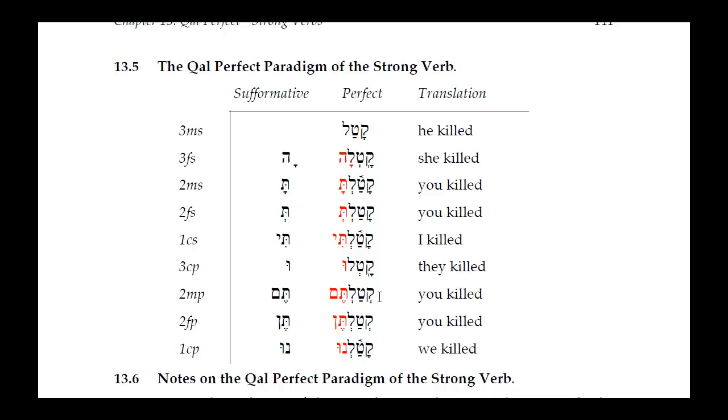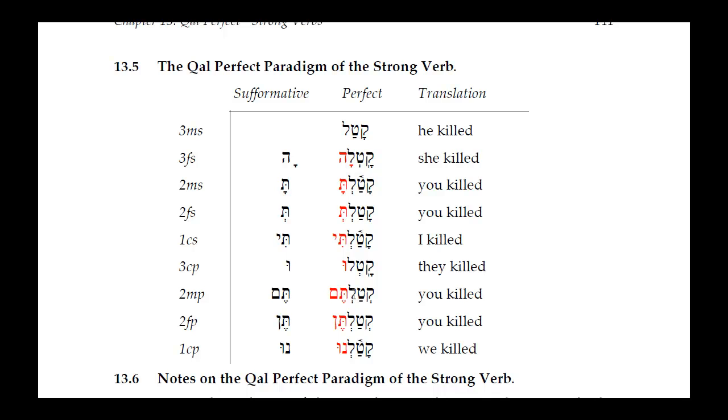And the same thing here. We have qataltem, for you all killed, masculine, and qataltén, for you all killed, feminine. So this is telling us that the subjects would be feminine in this one, and that the subjects in qataltem are masculine.